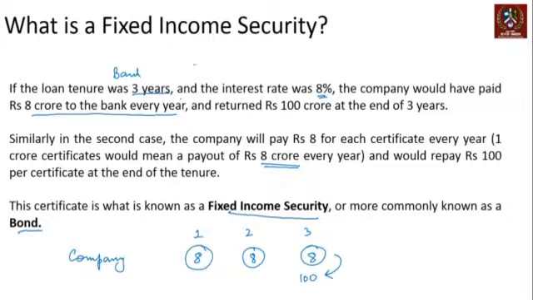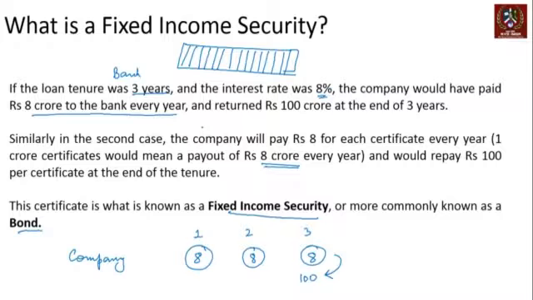So if the earlier concept was that the entire loan was taken from the bank, now you're breaking that loan into smaller chunks and taking that from individual investors or corporate investors, depending on what the demand of that loan is. The people giving you this money and taking the certificates could be individuals, funds, corporates, other banks, anyone essentially, right?